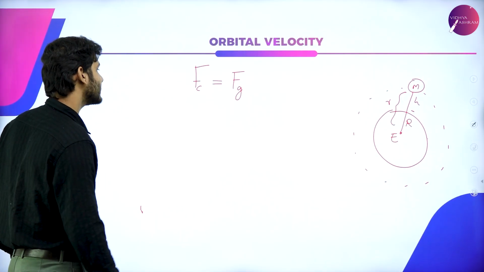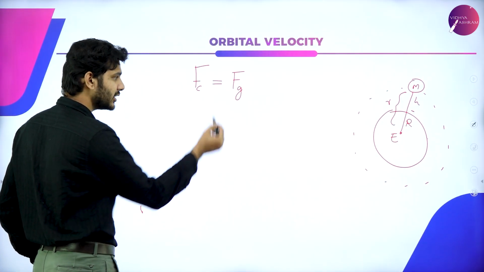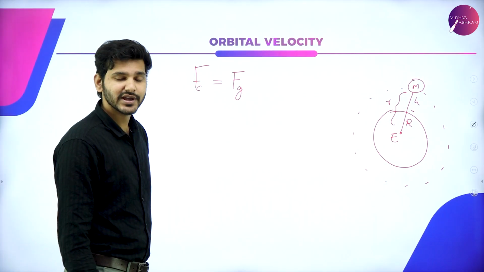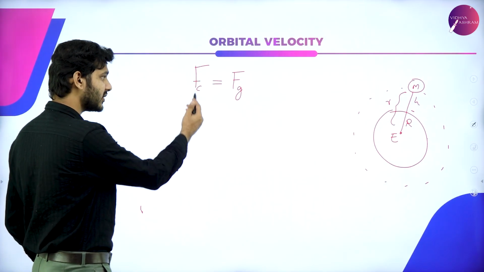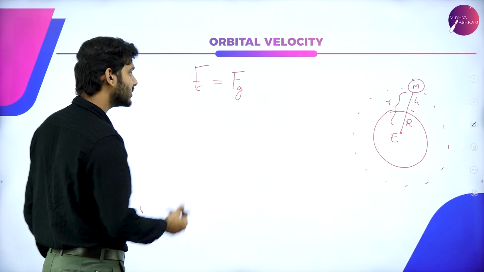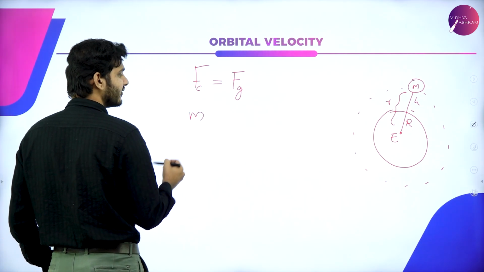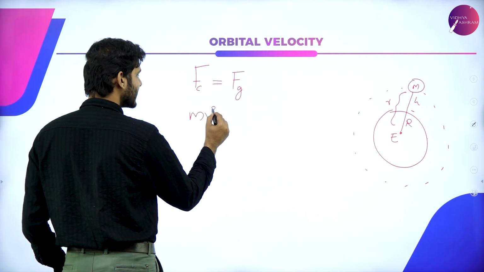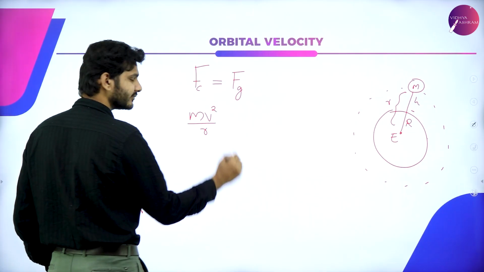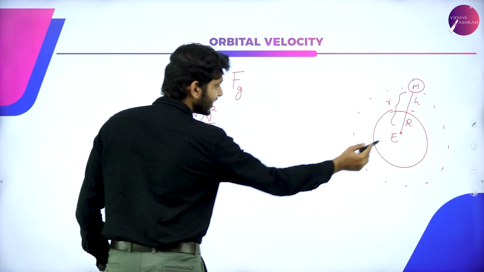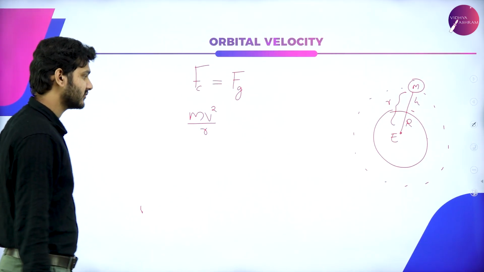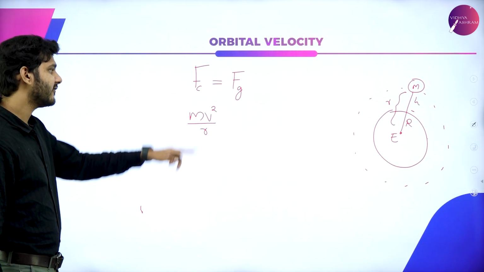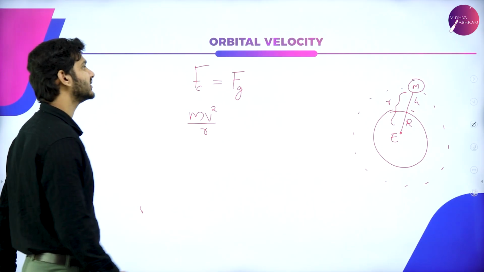I do know the equation for centripetal force, and I do know the equation for force due to gravity, from the universal law of gravitation. From the previous chapter we learned that centripetal force is mv square divided by r, where r is the radius from the center of the Earth to the satellite. v is nothing but the orbital velocity.